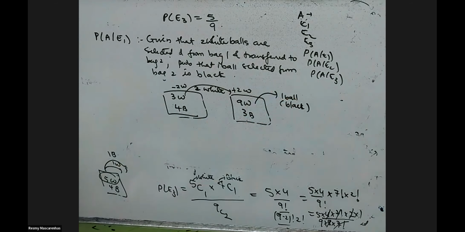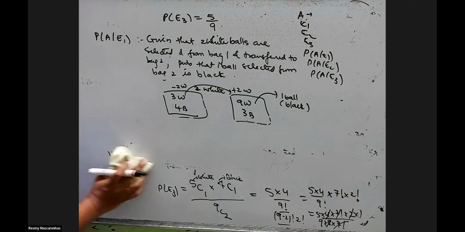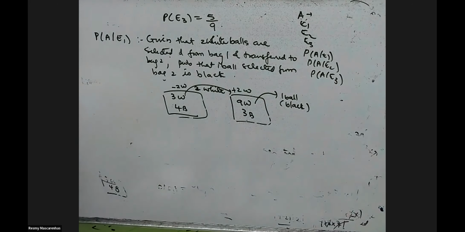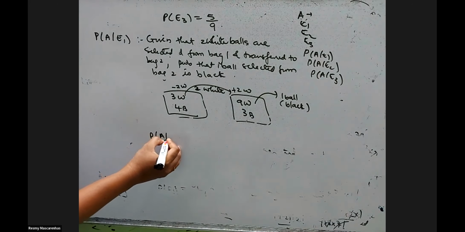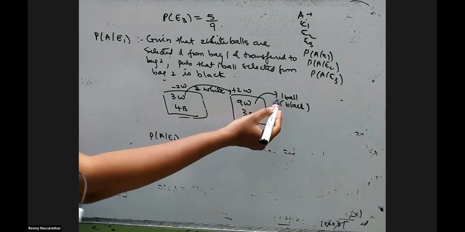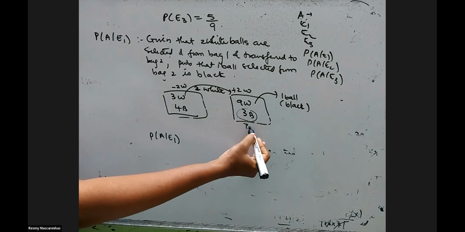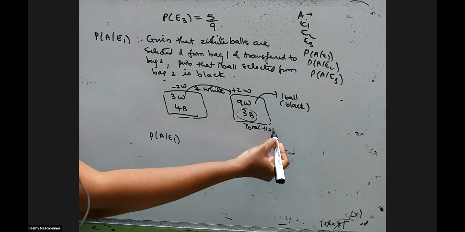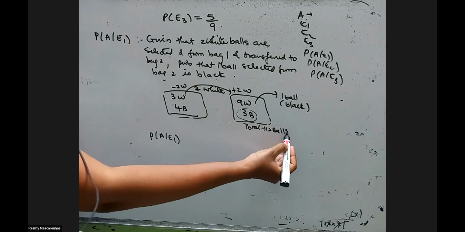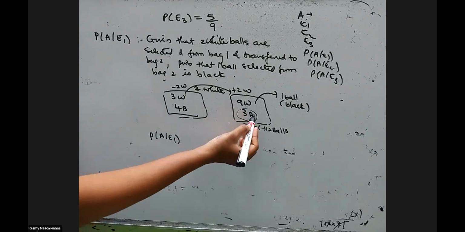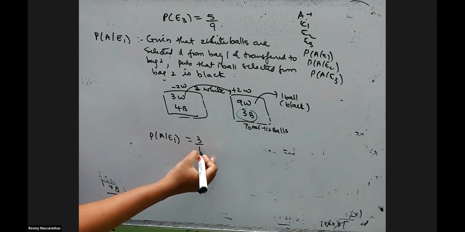Now here there is no permutation combinations because only one ball you are picking. So if you are picking one ball, now you have to use combination. P of A upon E1 will be, so it has to be black. So total will become 12 balls. Total is 12 balls. 3 out of 12.